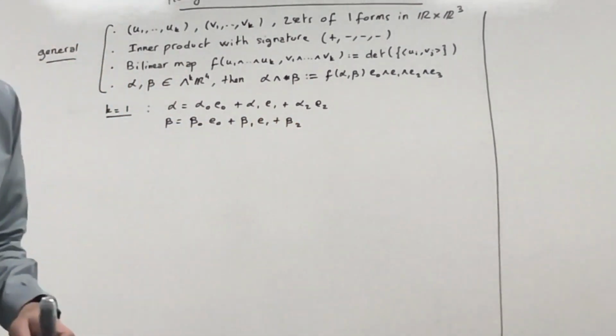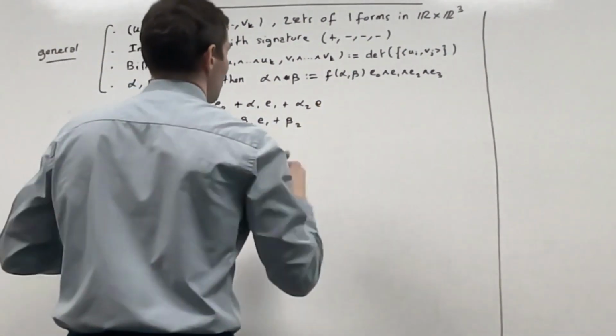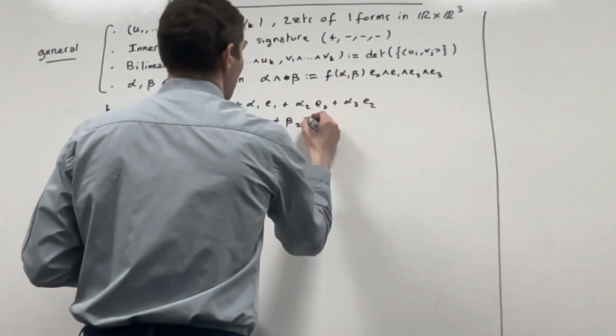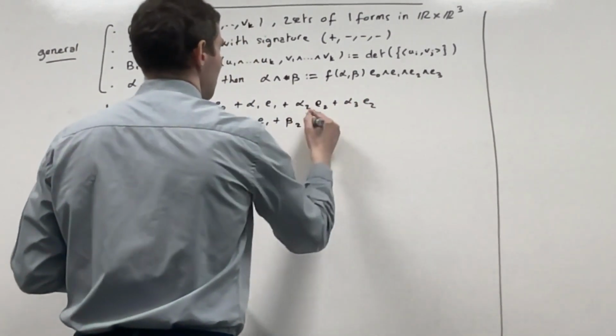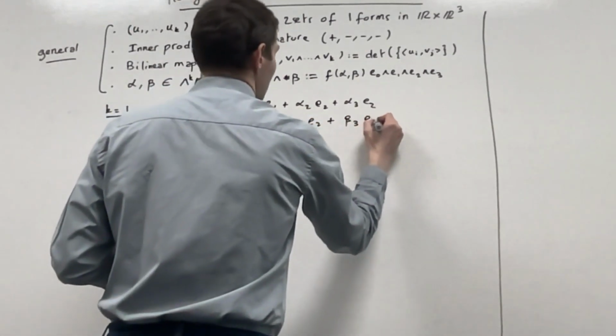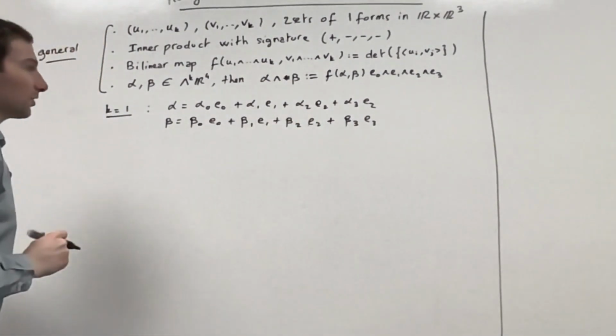Sorry, I'm still in 3D here. So I need to go to plus alpha 3 E3, and beta 2 E2 plus beta 3 E3. Okay, so we are in R4, so I need to expand over all of this.